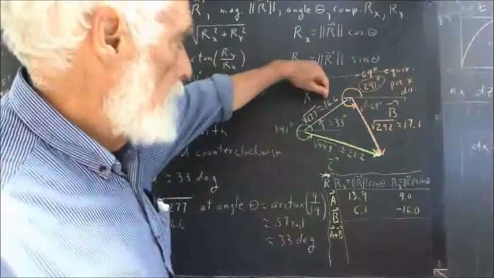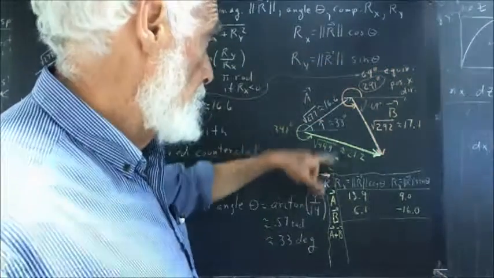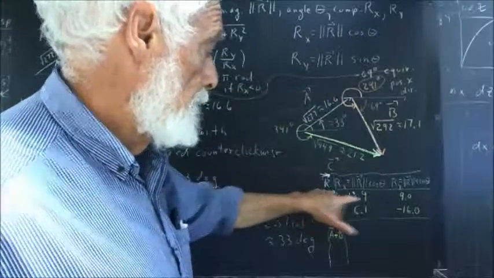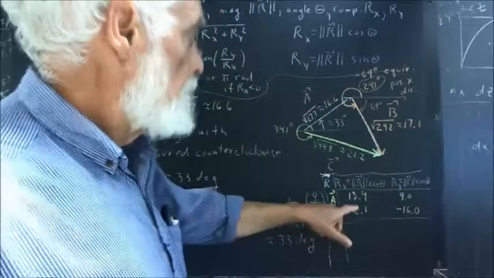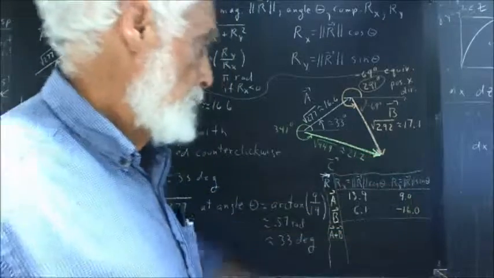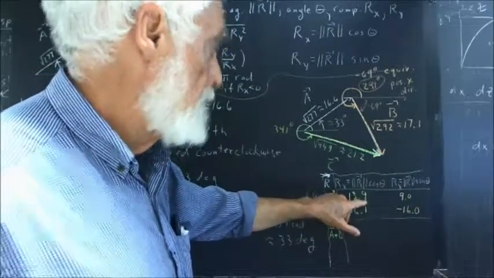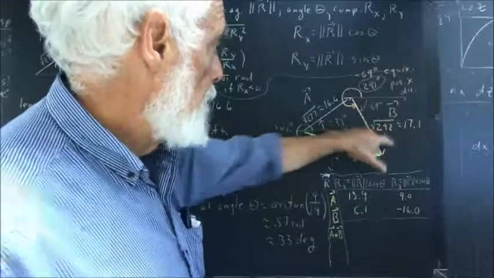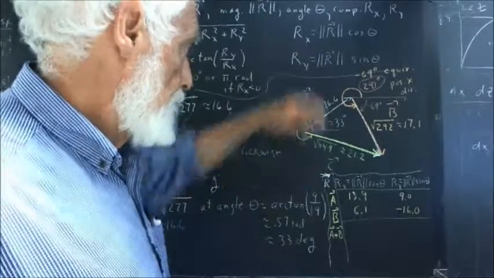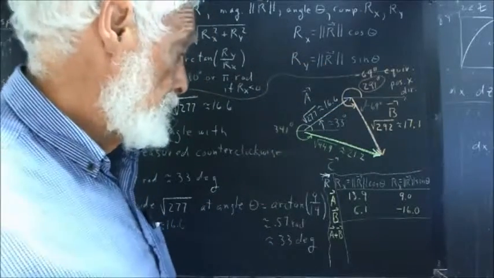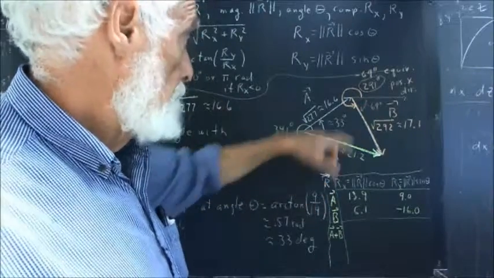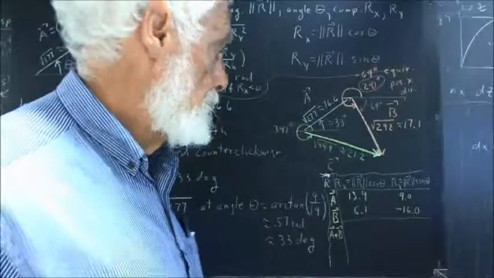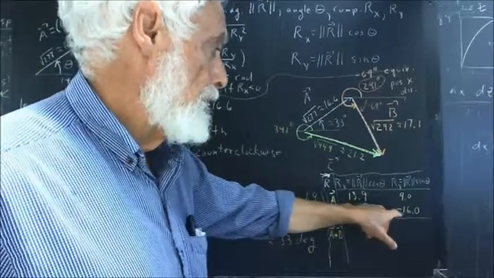Okay, A has a magnitude that I'm going to use as 16.6, and I'm going to multiply that by the cosine and sine of 33 degrees. I'll get these results. Now this is close to the 14 and the 9 that we got before, but notice there's a tenth of a unit difference here. So we're not going to get exact results because we have round-offs in determining these angles and approximations in determining the magnitudes. For B, using magnitude 17.1 and angle 291 degrees, we get 6.1 and negative 16.